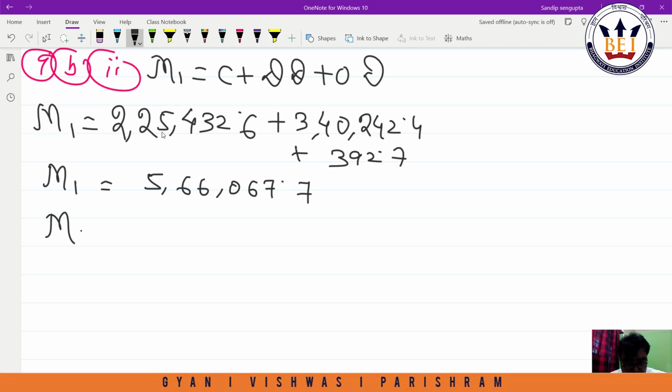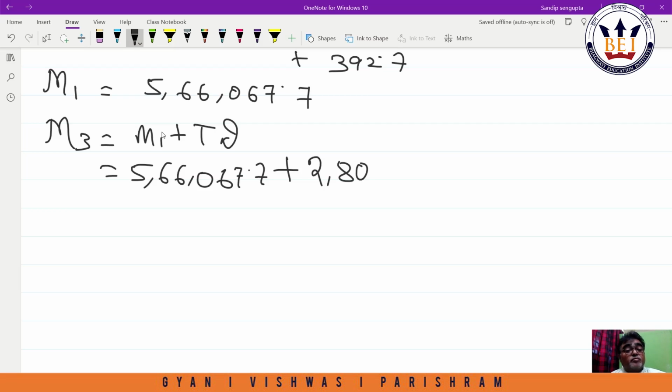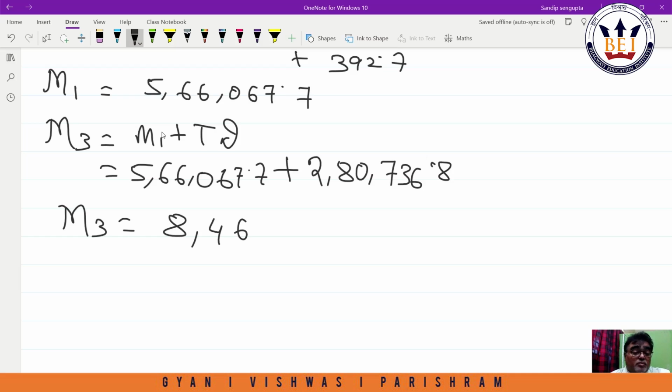566,067.7. So M3 is equal to M1 plus TD. TD means time deposits. Plus TD is given as 280,736.8. So M3 is equal to 846,804.50.